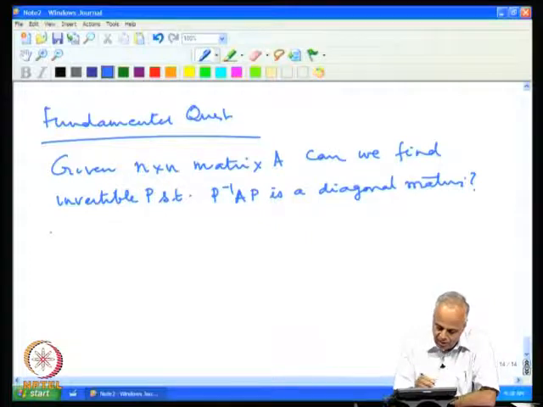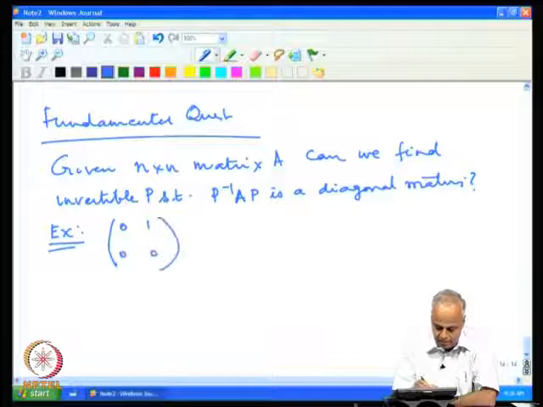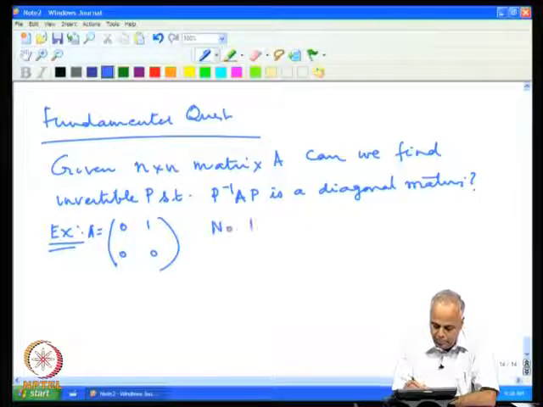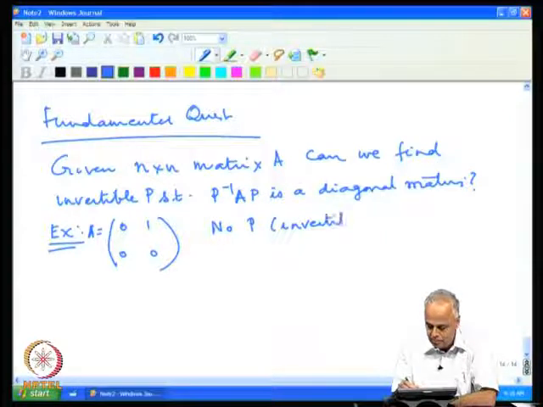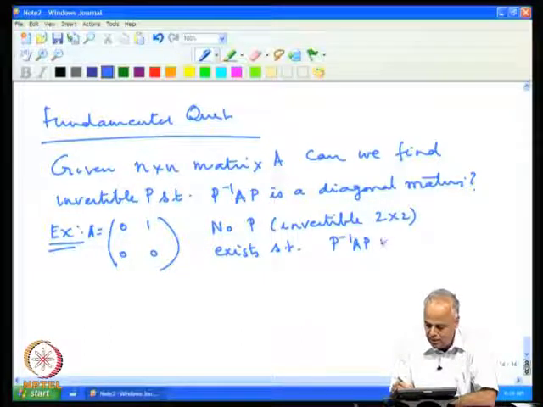The first thing is to look at an example. If you look at this matrix, we leave it as an exercise to verify that no invertible 2 by 2 P exists such that P inverse A P is diagonal.